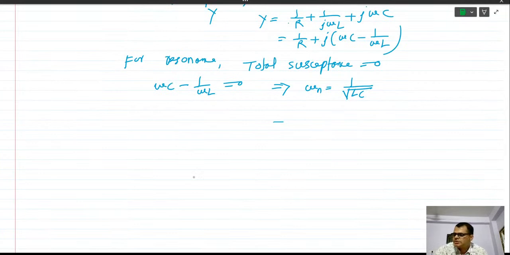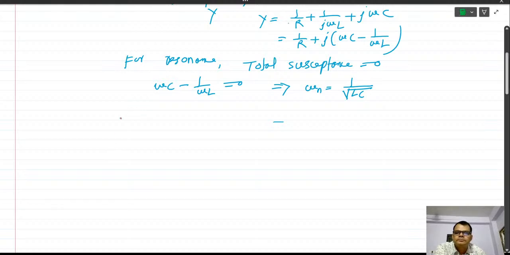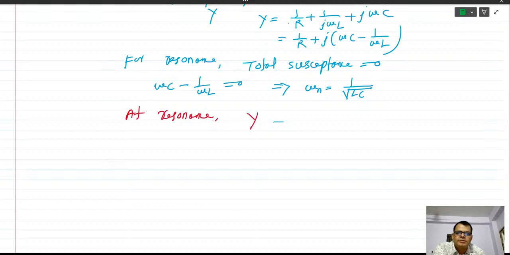So at resonance your Y is equal to 1 upon R, which is maximum or minimum?